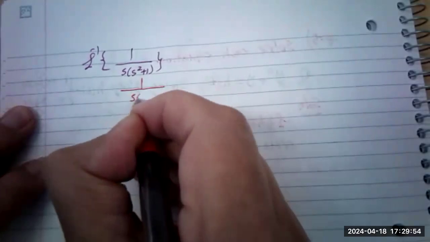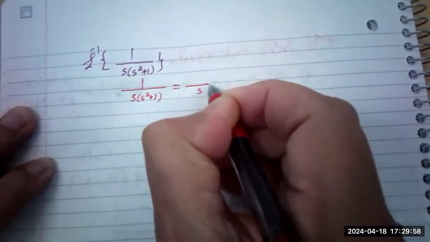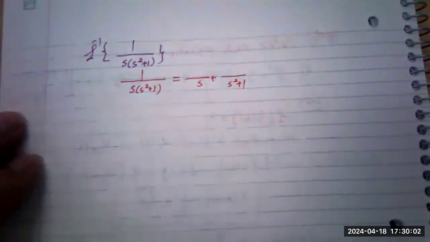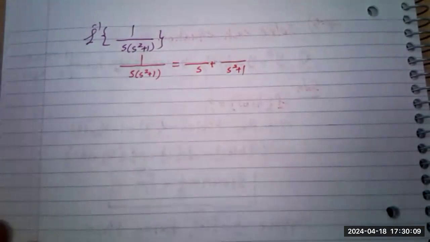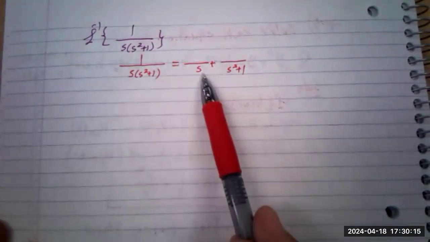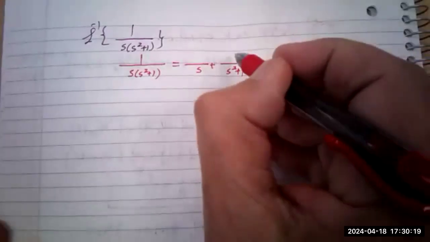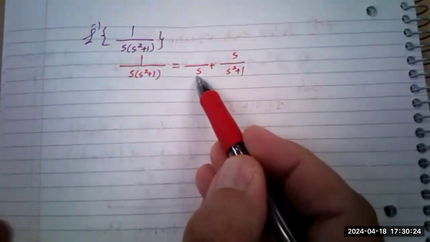The quick way to do it is: there is no s in the numerator, so this is the way you can cancel it out if you like. In order to cancel the s, you have to cancel the s squared here, so you put the s here. You see, s times s would be s squared.